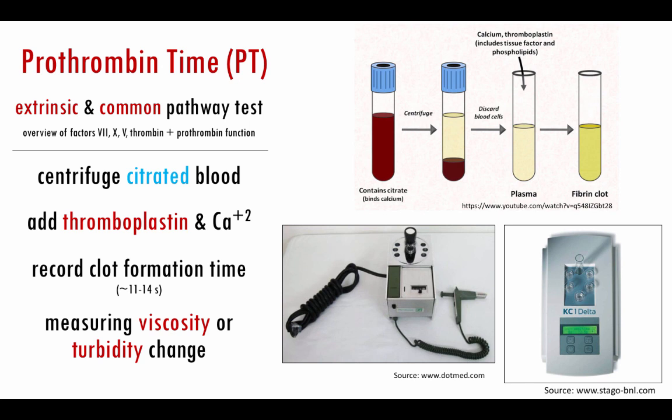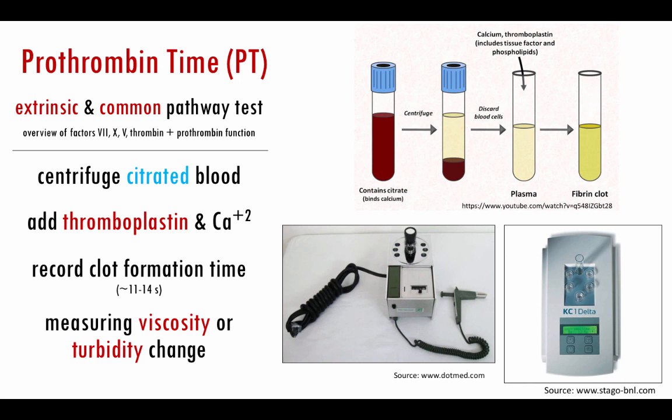And it's pretty simple. Add the same stuff, but we're measuring light passing through the tube instead of the physical presence of these strands of fibrin. It's not stopping a mixing process. It's just changing in turbidity.